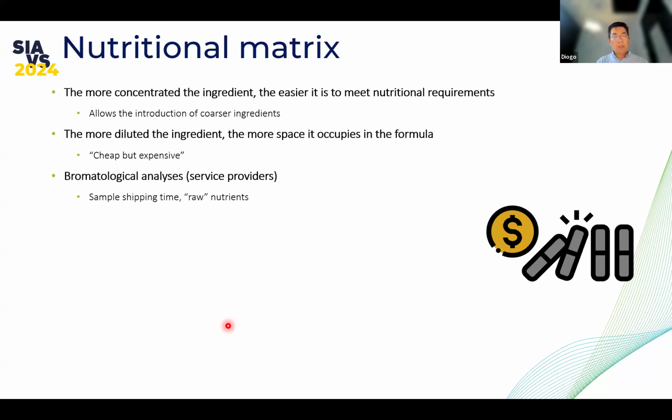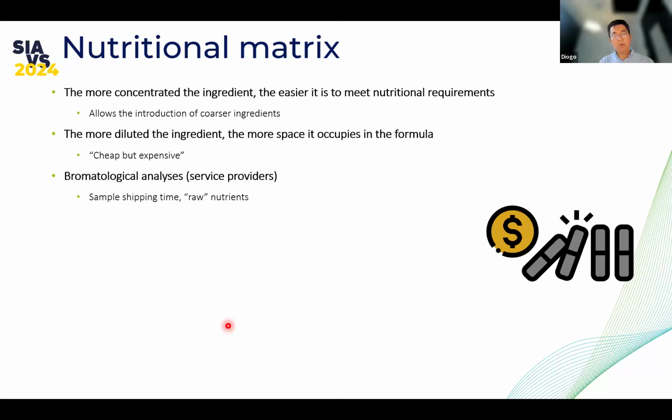Bromatological analysis is important. Normally, we have the bromatological analysis provided by the premix or the vitamin and mineral suppliers. But sometimes we have problems, limitations related to the shipping time. And mostly the results that we receive are the crude nutrients or raw nutrients.